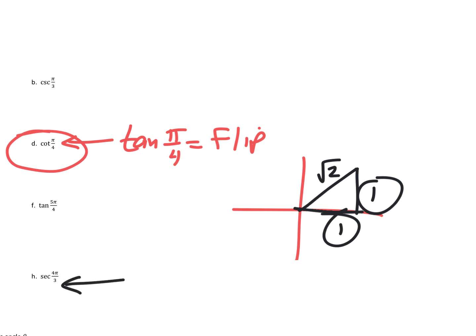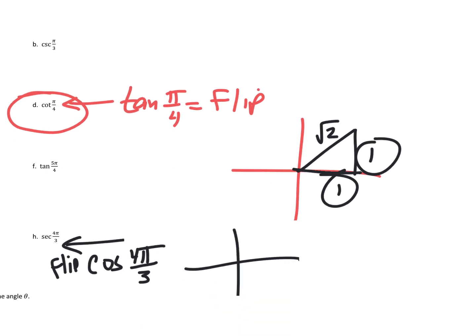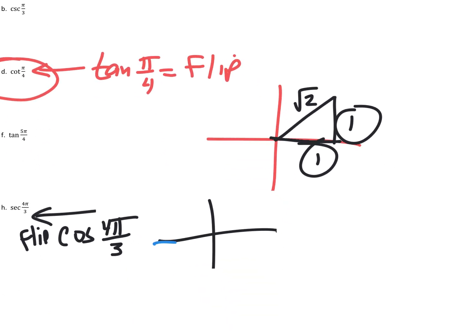So remember, if you're doing the weird ones like secant, don't do secant. Do the sister, which would be cosine, and I do cosine of 4 pi over 3. But it's not exactly the same as that, so you remember you flip cosine of 4 pi over 3. So 4 pi over 3, here's 3 pi over 3. 4 pi over 3 is like there-ish.